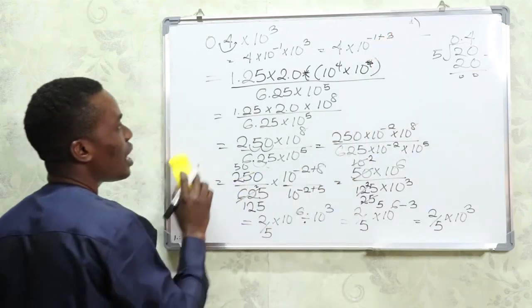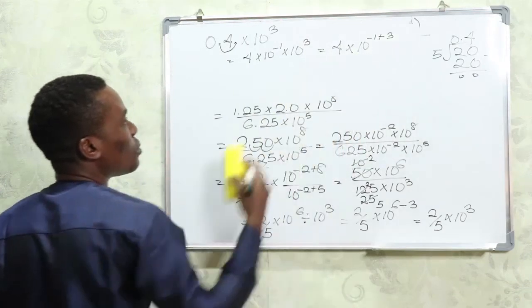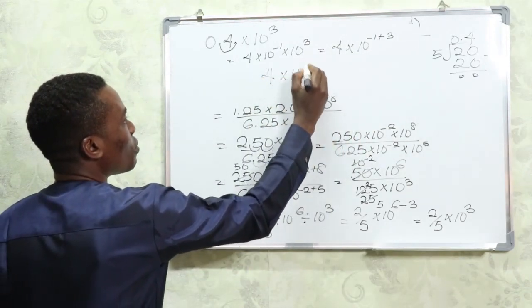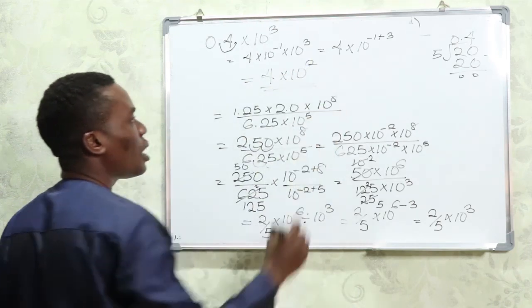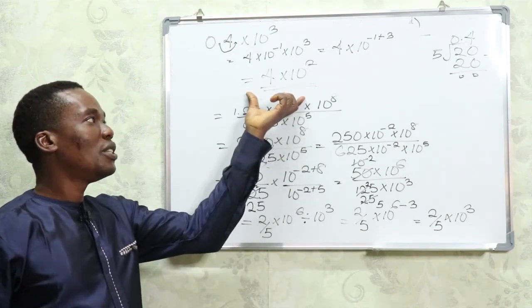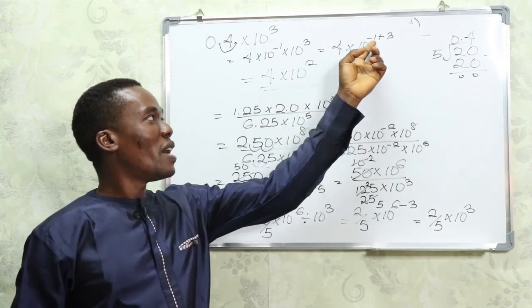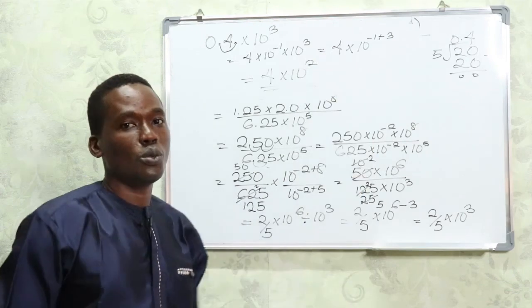So finally our result is going to be 4 times 10 raised to the power 2. Now you see that huge value that was given to us initially. When we simplified further, our result is 4 times 10 raised to the power 2, because minus 1 plus 3 is going to give us plus 2.